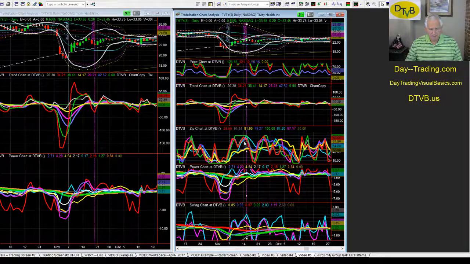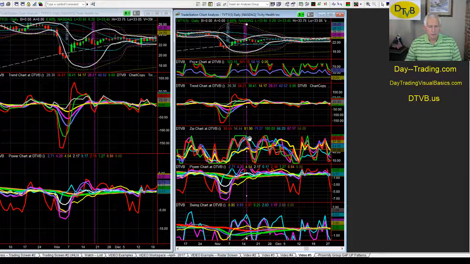Now there are other situations. I'll just comment here about it. When Zip Pink stays up high and Zip Green goes down, it's an example of strength in a movement. By that I mean, typically when you see Zip Pink stick out as Zip Green and all the rest of the colors are going down, so Zip Pink is then highest, you have a really strong movement.